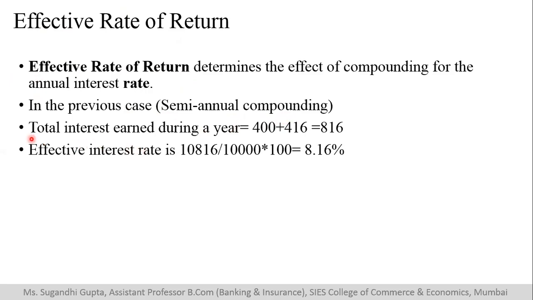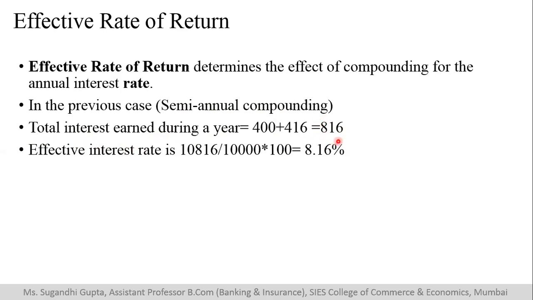So what is happening is within 1 year, when the compounding was happening on an annual basis, you got an interest of 800 rupees per year. But when the compounding is happening on a semi-annual basis, you get a return of 816 per year.